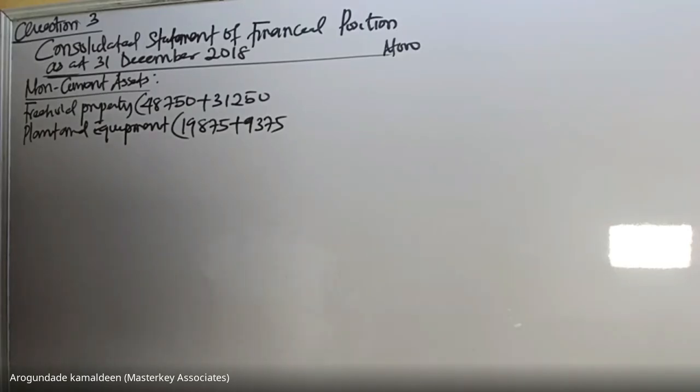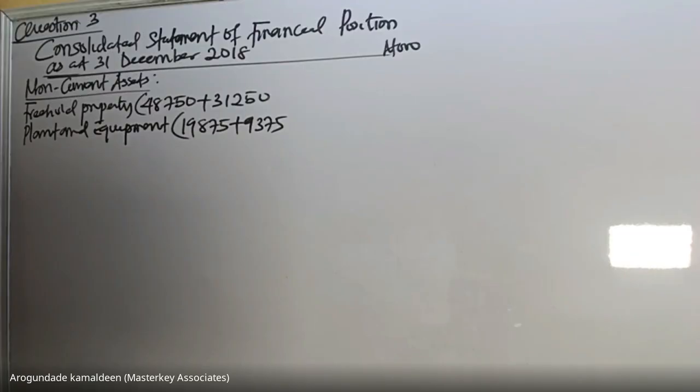So, go on. How are we going to know which one is associate among the three companies? If you read the question, the first one is the parent company.